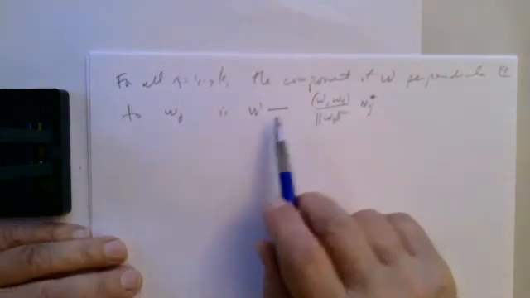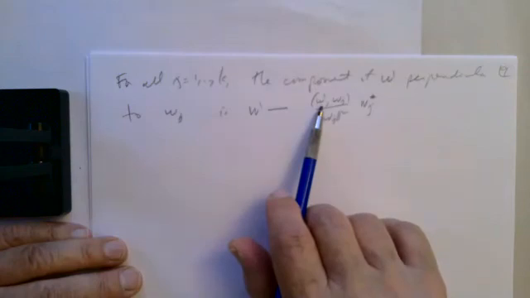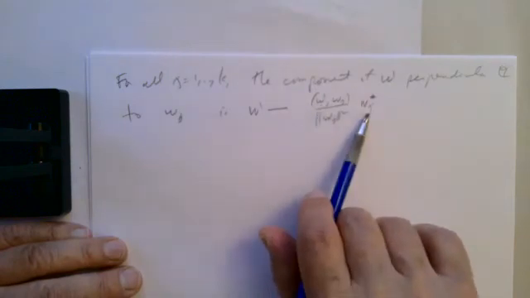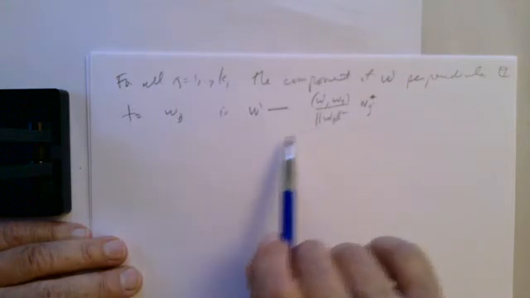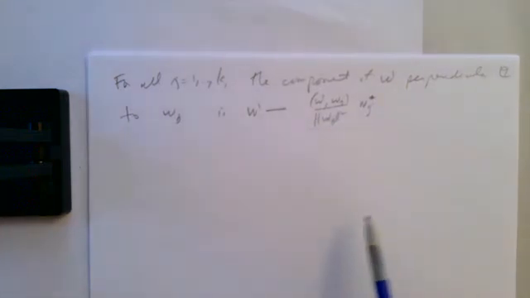Right. So the component of W prime parallel to Wj is this, and W prime minus this is the component of W prime perpendicular to Wj.